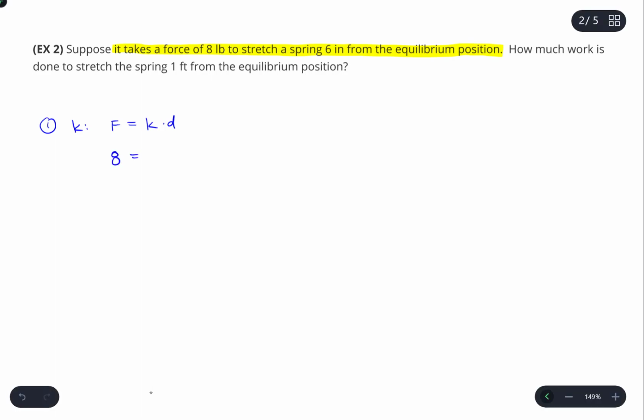So it's 8 pounds of force, and the distance is 6 inches. Now do be careful, because this being in inches and this being in feet, these are different measurements, so you want to make sure you get those written in terms of the same measurement and answer in the same value.